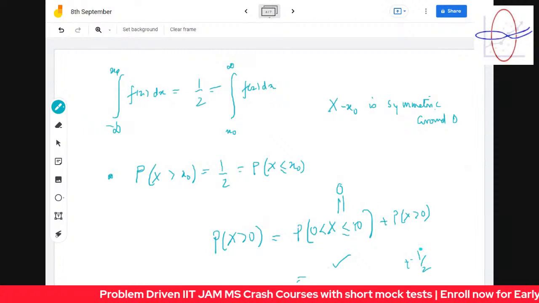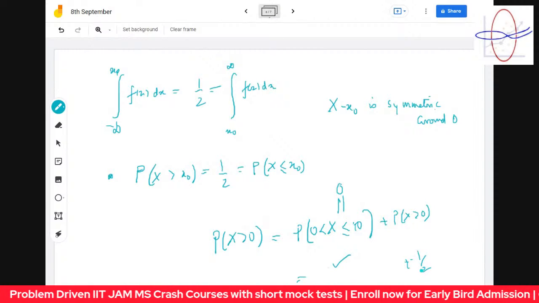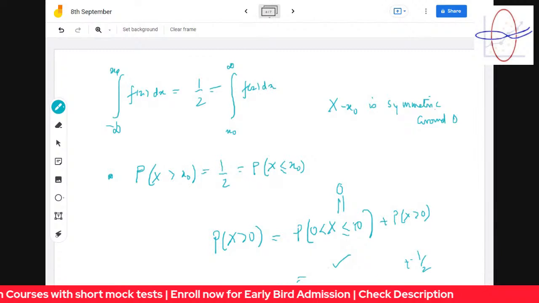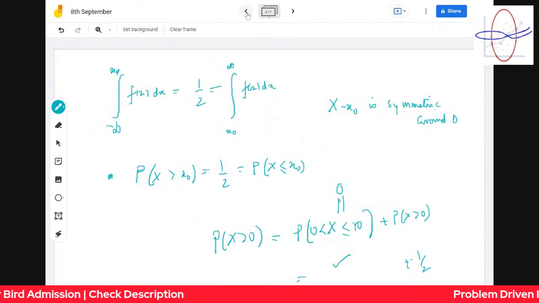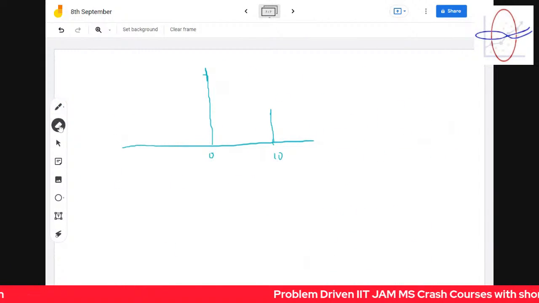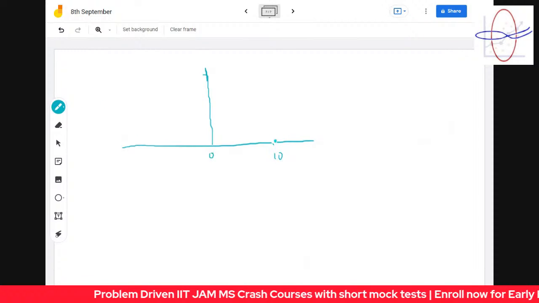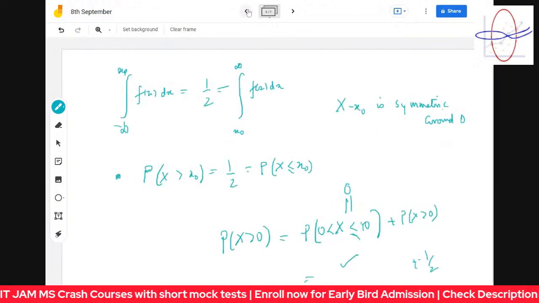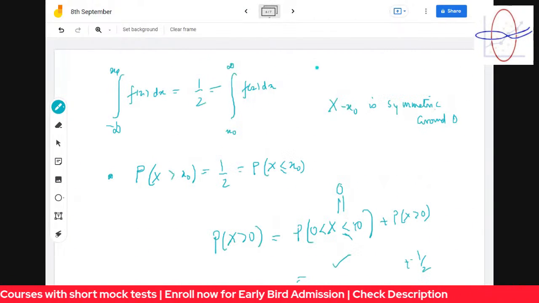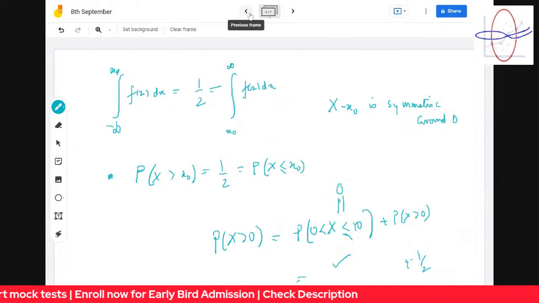If this part is greater than 0, then it is greater than half. So if this part is 0, let's say it starts from 11.